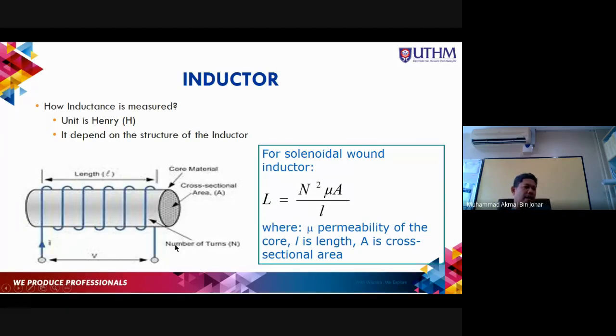N is the number of turns, mu is the material property of the core material, and A is the cross-sectional area of the coil. Finally you divide by the length, because the length will determine how big the inductor will be. So mu is the permeability of the core, l is the length, and A is the cross-sectional area.